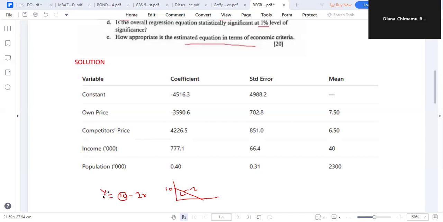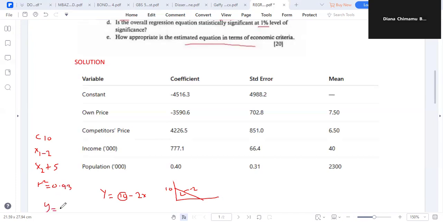So now if you have many more multiple gradients, for instance, you can have your constant as 10. Our x1, the gradient maybe is -2. Our x2, maybe the gradient is +5. And our r squared, maybe it is 0.93. So how do we come up with that regression equation? We simply say y is equal to what?